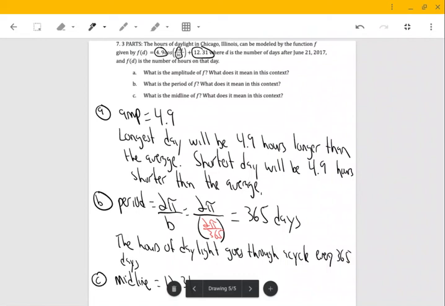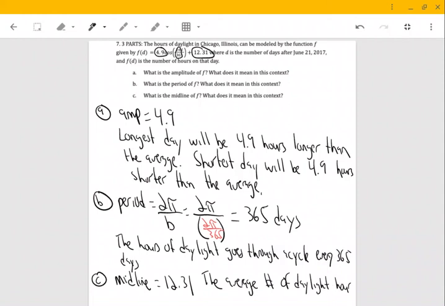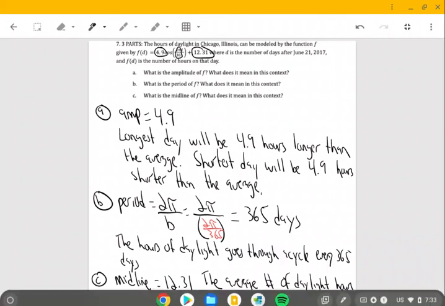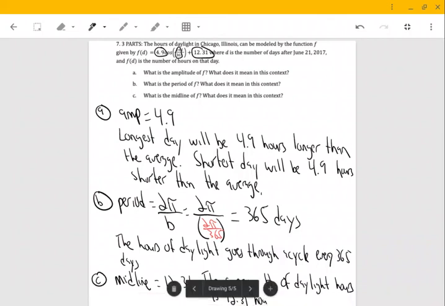So that tells me that the average number of daylight hours is 12.31 hours. For some reason, it's not letting me finish out the word hours there.